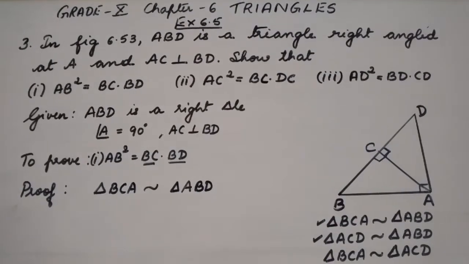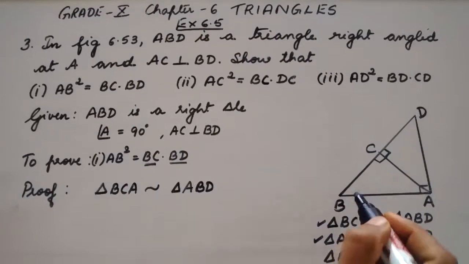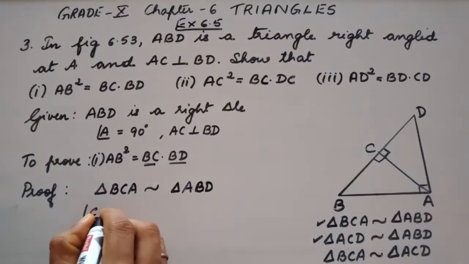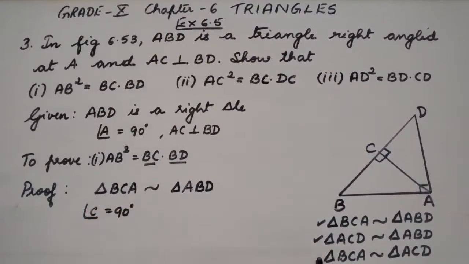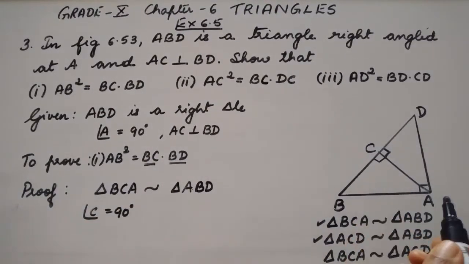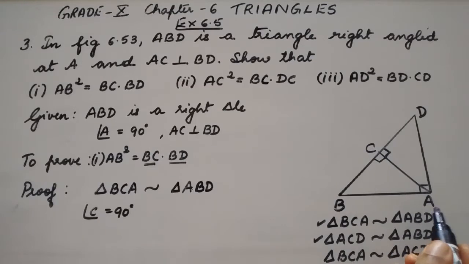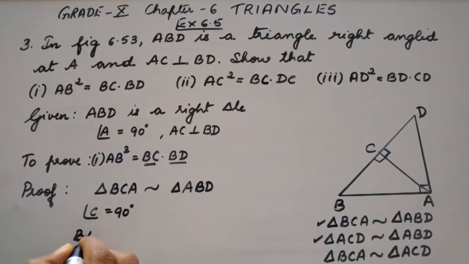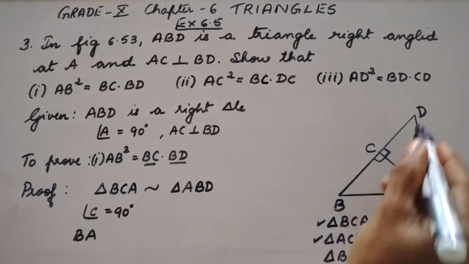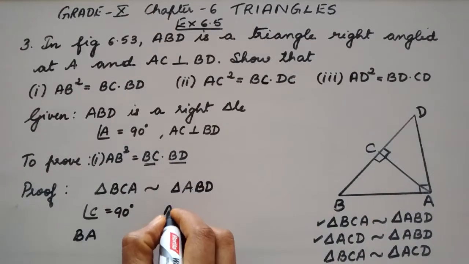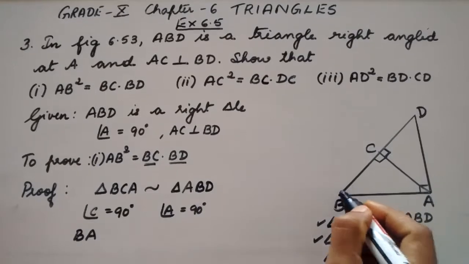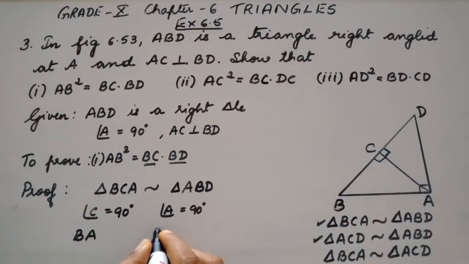Next, in triangle BCA, we have angle C is equal to 90 degrees and BA is the hypotenuse. In triangle ABD, we have angle A is equal to 90 degrees and BD is the hypotenuse.